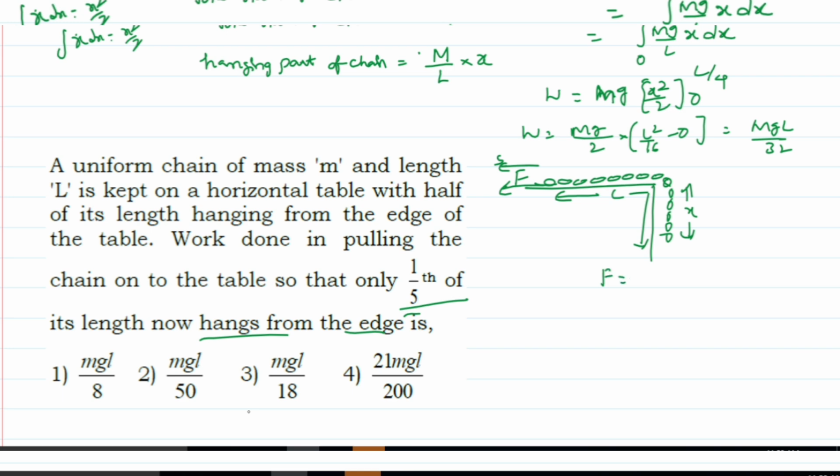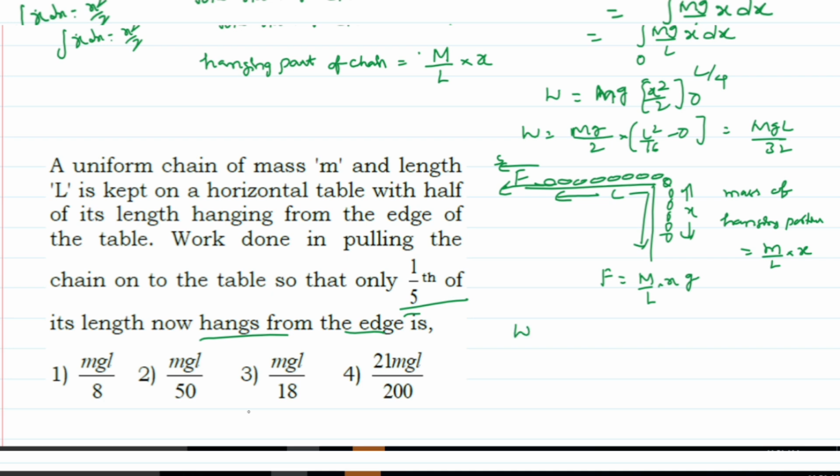First you have to calculate how much mass is hanging. The mass of the hanging portion is total mass by total length into the length of the hanging portion, x. Force is nothing but mg, so you write m by L into x into g. This is the force value.